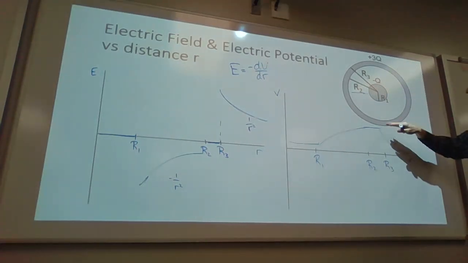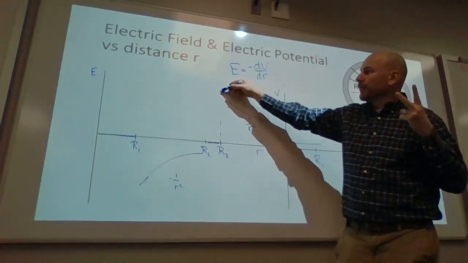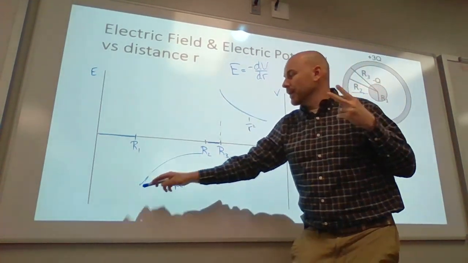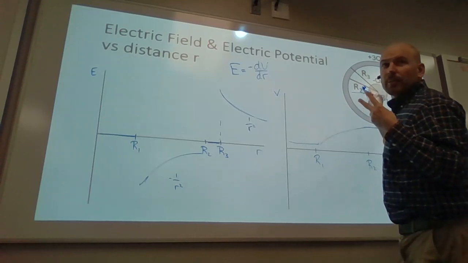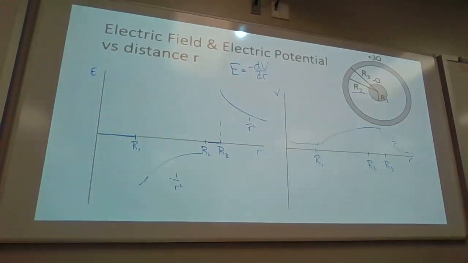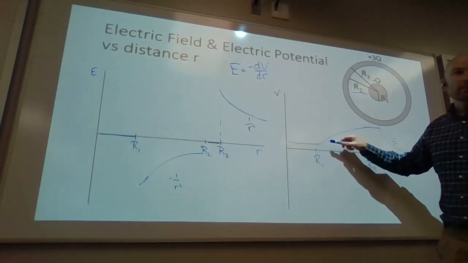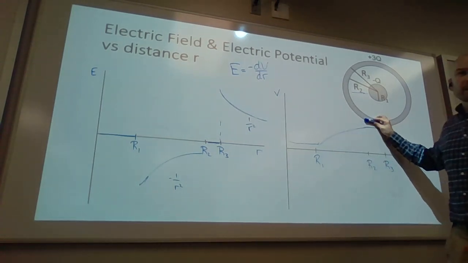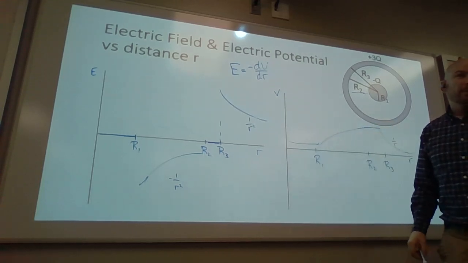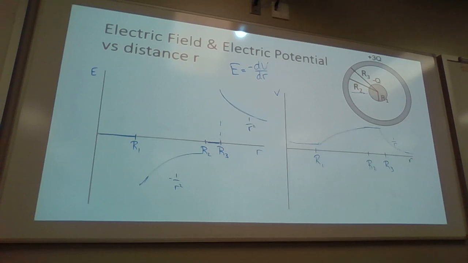So I know out here has to be higher. The field is going to be stronger here than it is inside this region because of that charge. And therefore this is not going to go below 0.